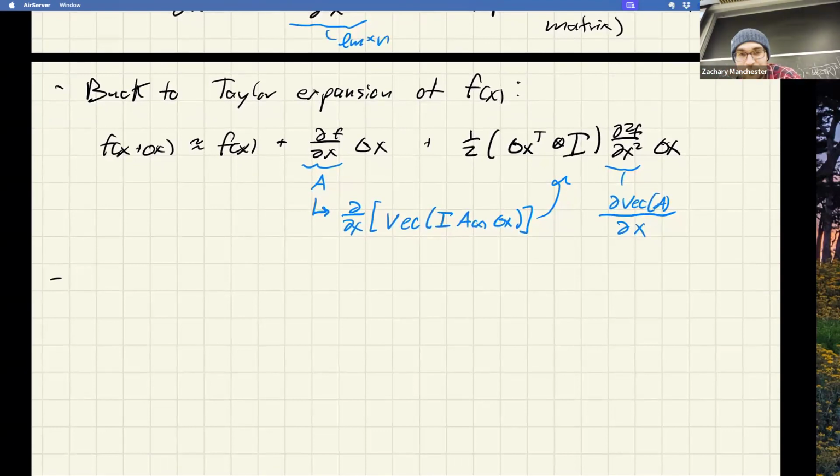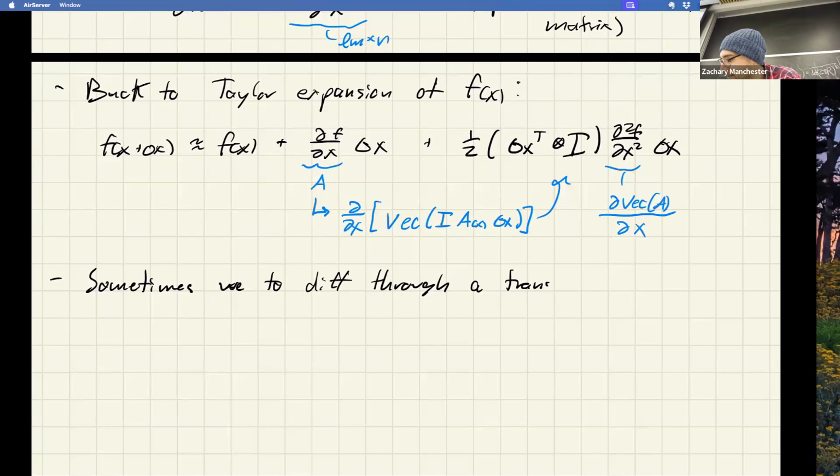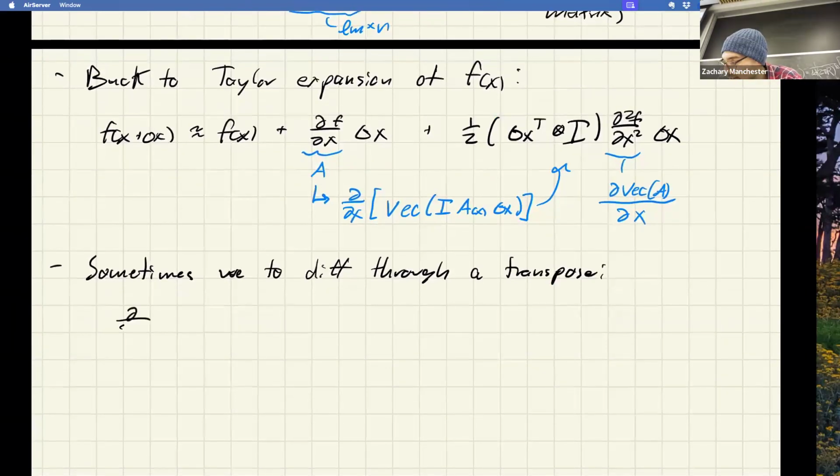Okay, so last thing, sometimes we also need to worry about transposes when we're doing this. So we need to diff through a transpose. So if I've got, for example, d/dx of A transpose B, what I'm going to do is write that like this.